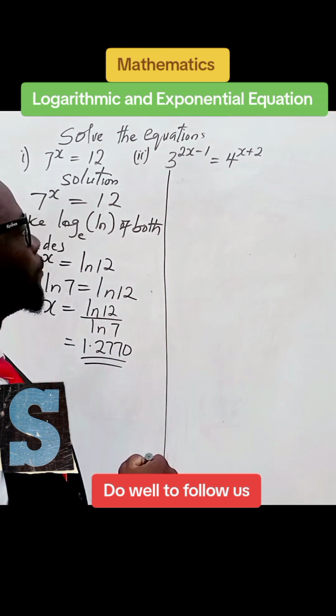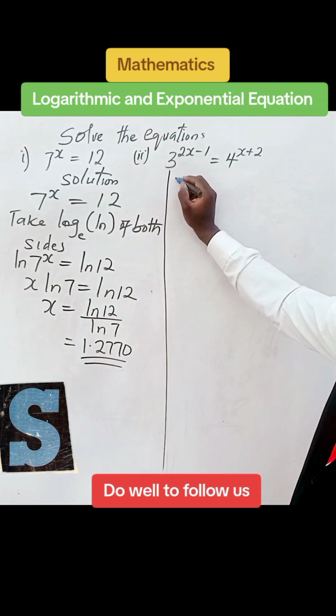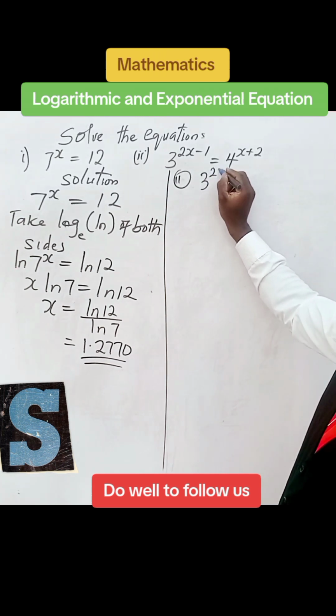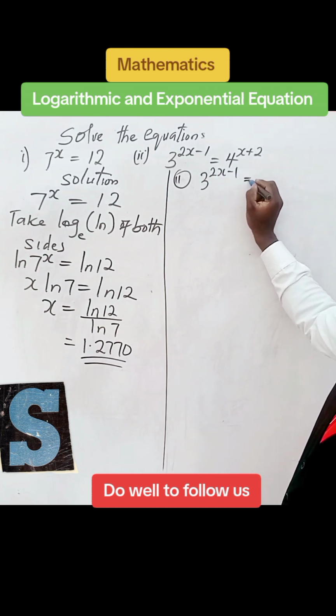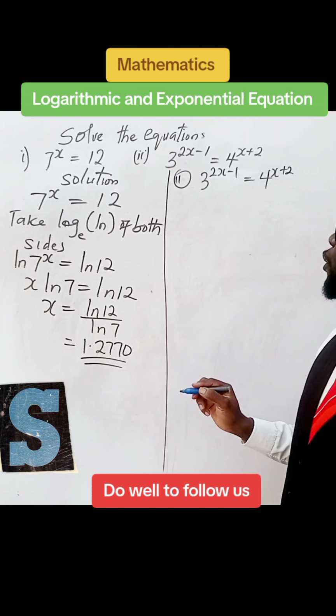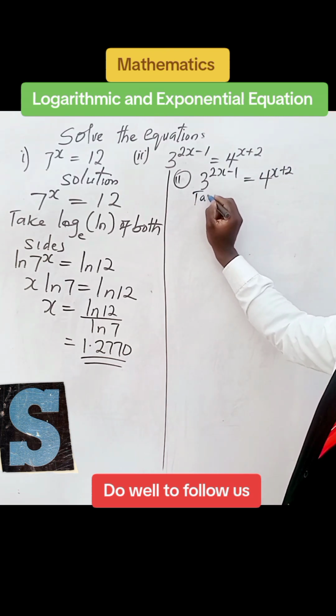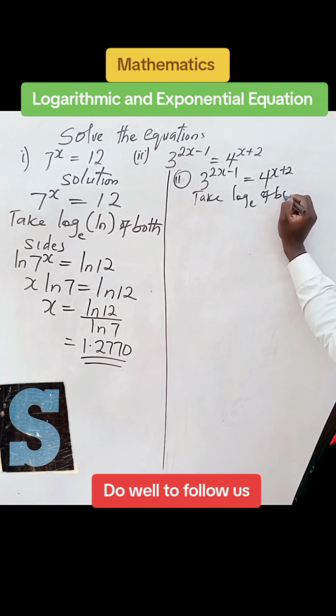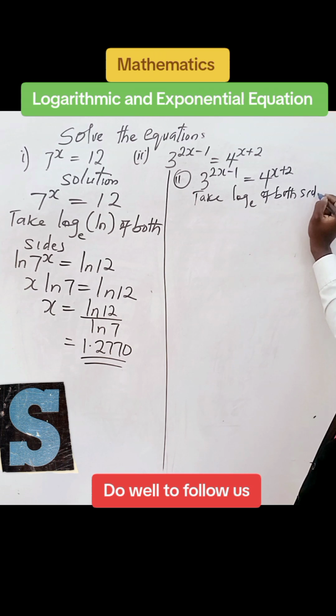Alright, so let's go. Number 2, quickly: 3 raised to the power of 2x minus 1 equals 4 raised to the power of x plus 2. So what you do here is we'll take log to base e of both sides. The same procedure.